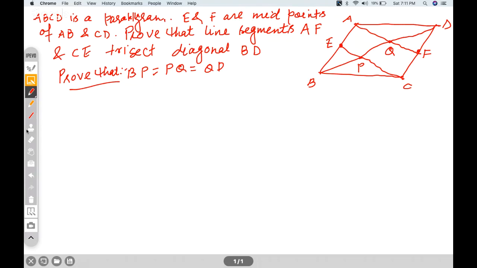Okay, fine. Two people have done it. Which topic should I solve next? Just write down in the comment box. I've done quadrilaterals for an hour now, so I'd like to do a different topic.